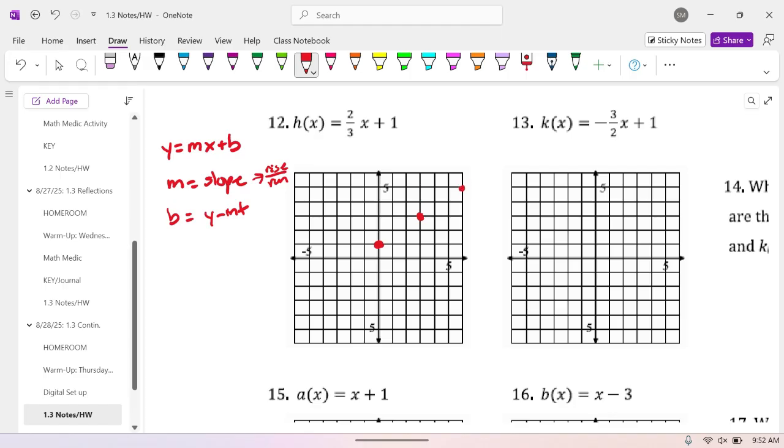And I'm just going to keep doing it until I got enough to kind of fill out a line. So it would look like that. And that's really all you got to do. It's just a review from Math 1. All right, any questions on that?